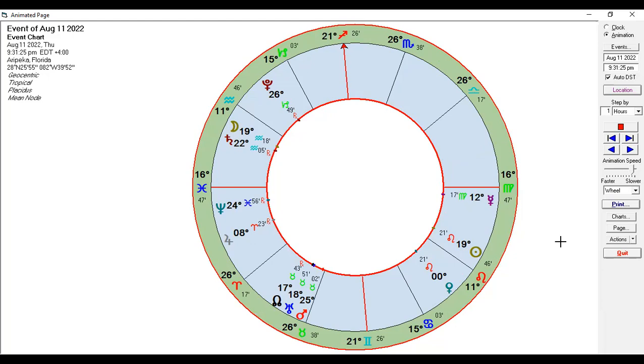Anyway. Okay. The Moon is in Aquarius. The Sun is in Leo. Sun likes to be in Leo. It's its own sign. It feels happy there.